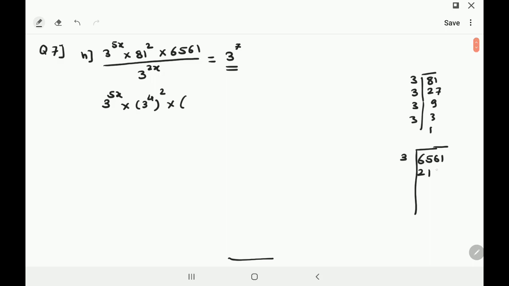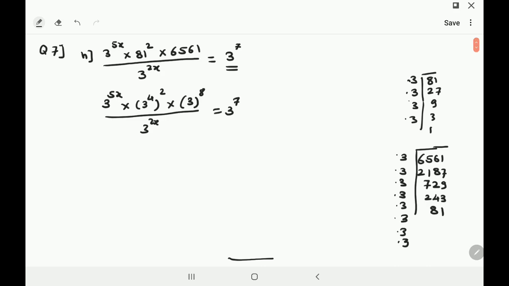It's going to be 3 raised to 8. Divided by 3 raised to 2x. Is it going to be equal to 3 raised to 7? It's that simple. Correct?